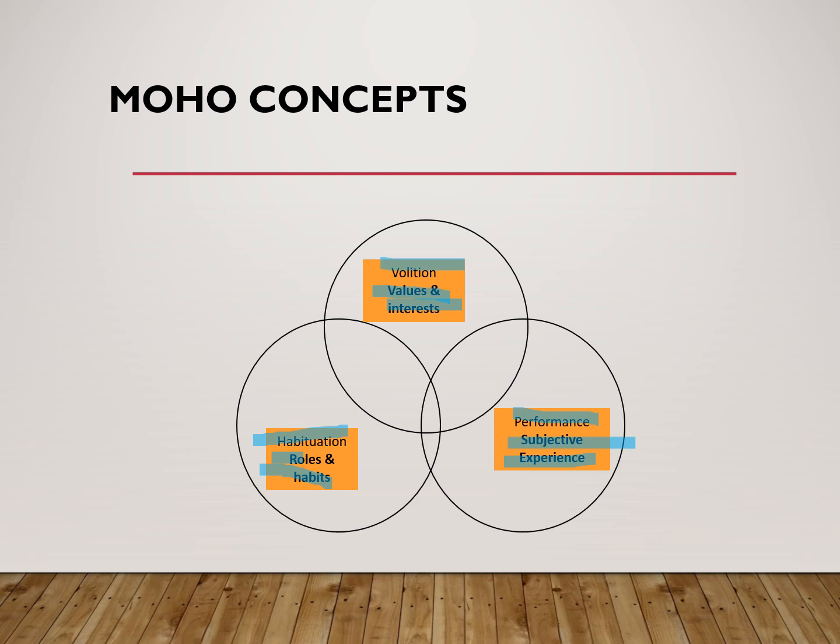When you look at school, what is your value and your interest? How interested are you in being a student, and what is your value related to it? How valuable is it to you to be successful? What are your habits related to being successful? And what is your role?